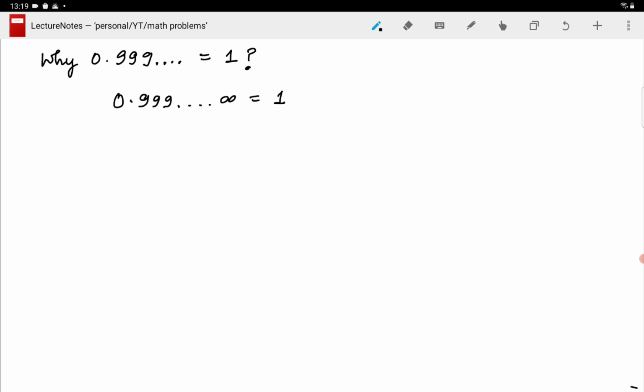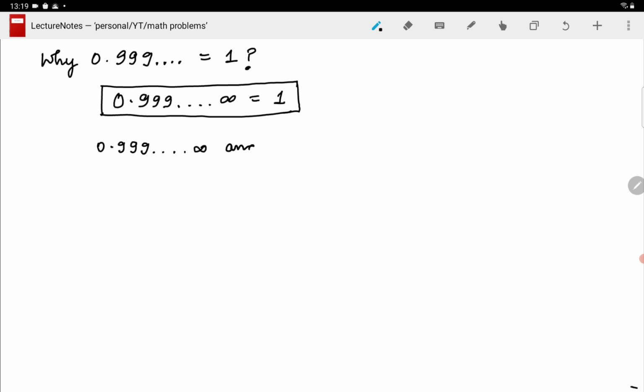In this video, I am going to prove that 0.999 extended to infinity equals 1 in 3 different ways. First, we'll use a simple algebraic trick. Second, we'll ask whether there is any number between 0.999 extended to infinity and 1.